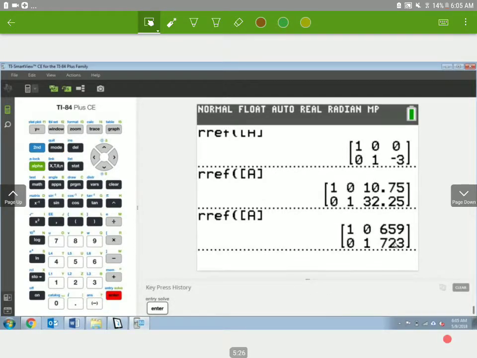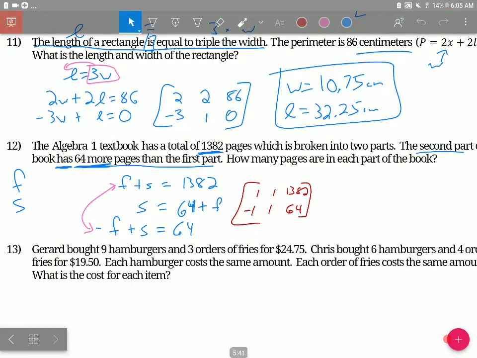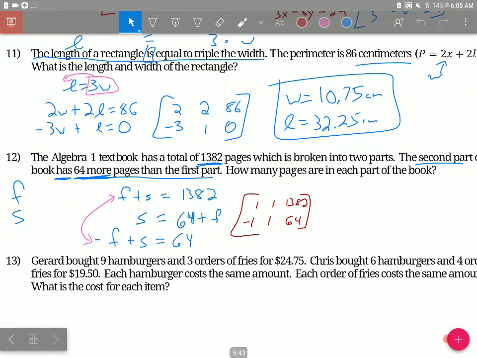And part one, since we did the first one first and the second one second, the first one has 659. The second one has 723. So the first equals 659 pages, and the second equals 723.